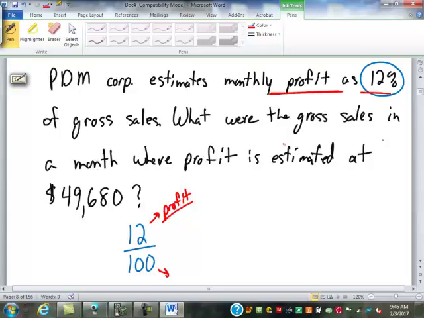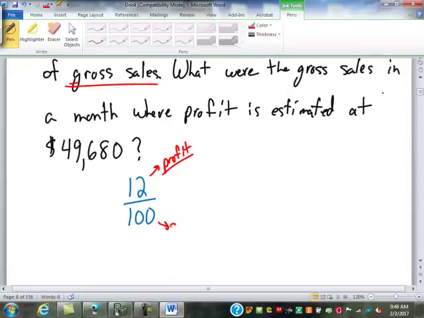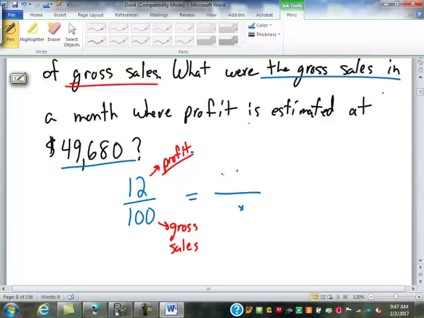And the profit is being calculated as a piece of what larger number? Of the gross sales. So the 100 represents the gross sales. Now when I set up the other side of this proportion, I have to make sure those numbers match up. We're asked, what were the gross sales? So we're looking for this number in a month where the profit is estimated at $49,680. That has to go with the profit, so that has to be on top.